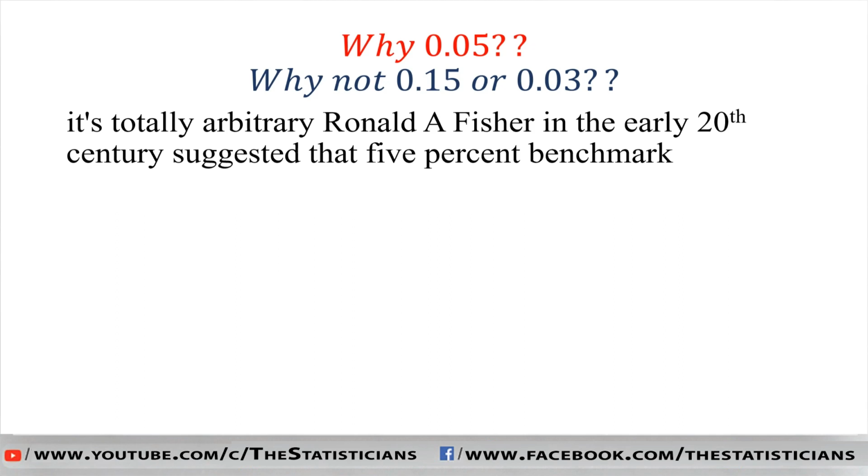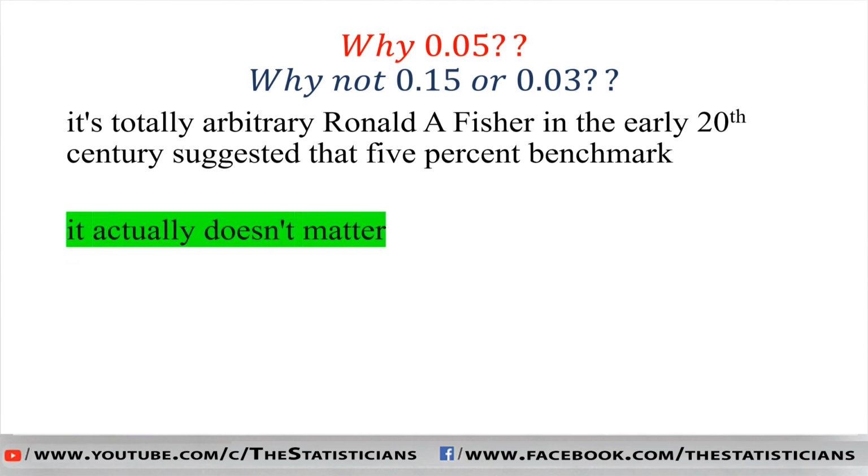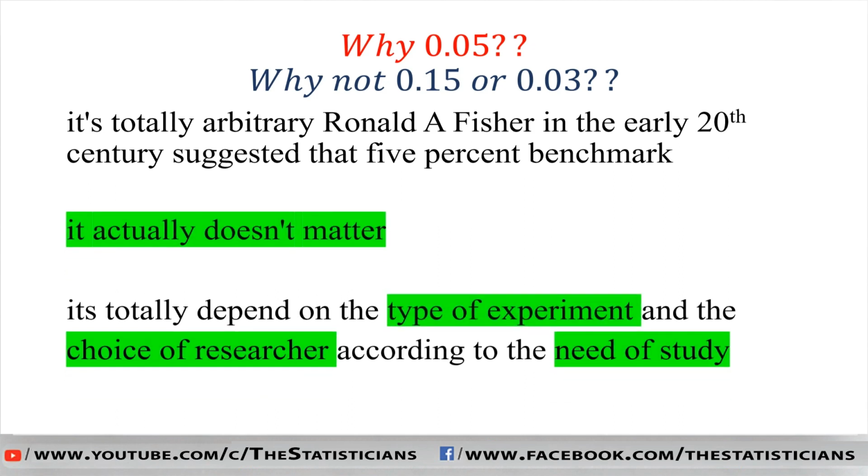If you want to be sure that your evidence is very strong in its ability to reject the null hypothesis, pick a smaller cutoff like 0.01. If you don't care as much about strong evidence, pick a higher value like 0.15. It actually doesn't matter. It totally depends on the type of experiment and the choice of the researcher according to the need of the study.